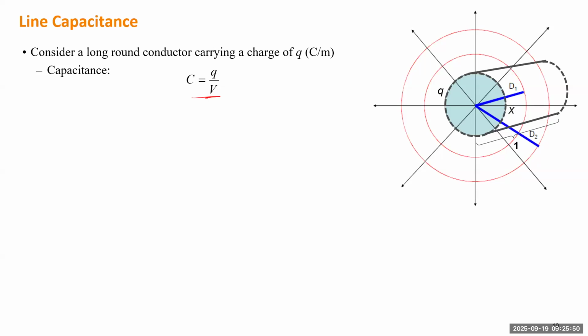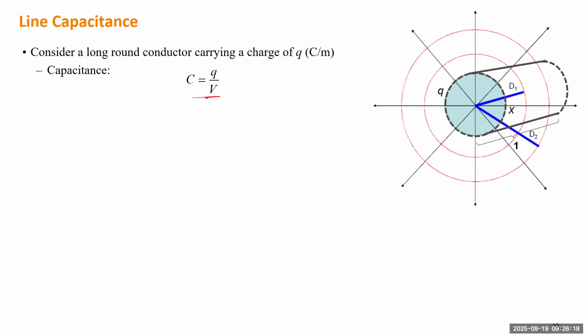The magnetic field can exist inside the conductor, even magnetic material, but the electric field cannot stay inside of the conductor. So that makes the derivation of the capacitance for a transmission line simpler than the inductance, because we don't need to consider the flux density inside of the conductor. We only study outside.